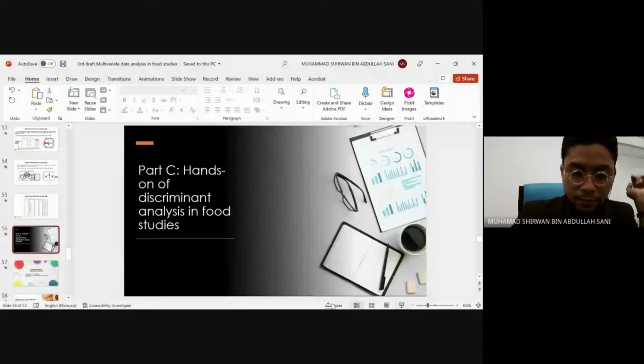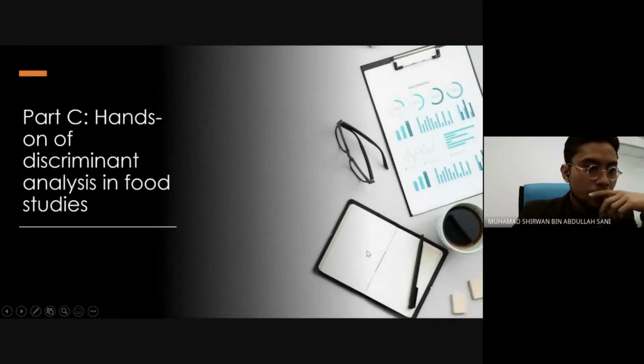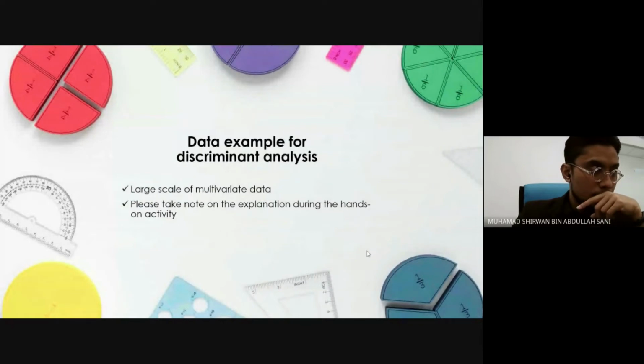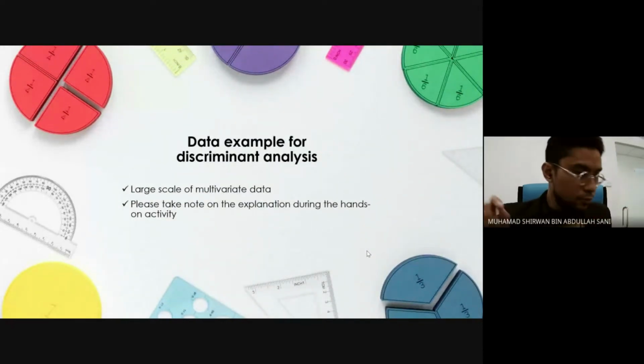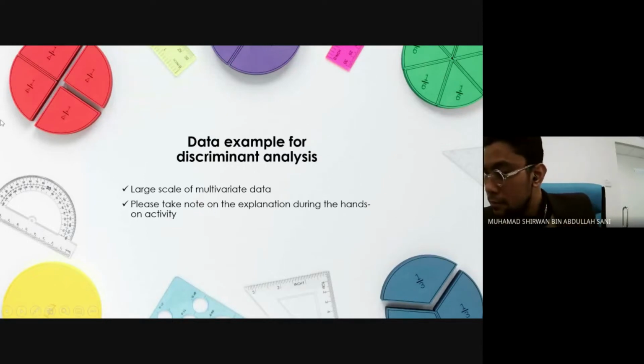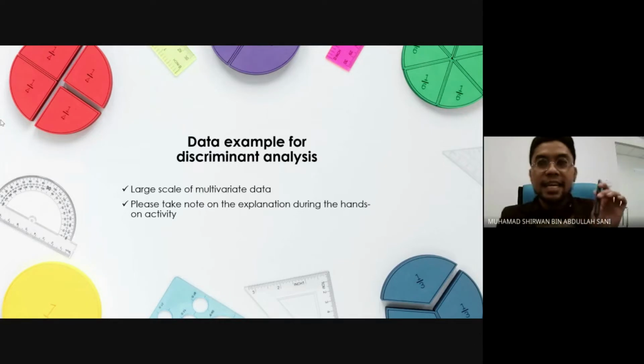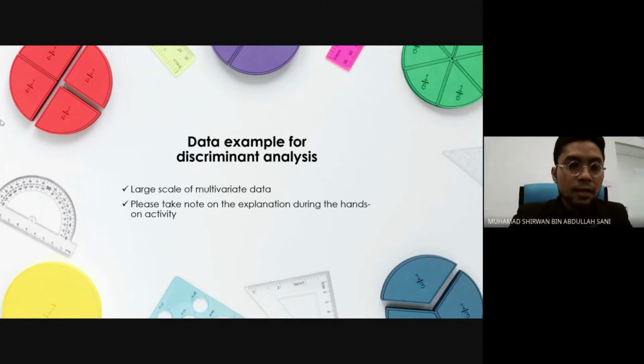Let me explain first about the data. Can you see the PowerPoint? Okay. The data that we have here, we call it large scale multivariate data, so you have to take note of the explanation during the hands-on.